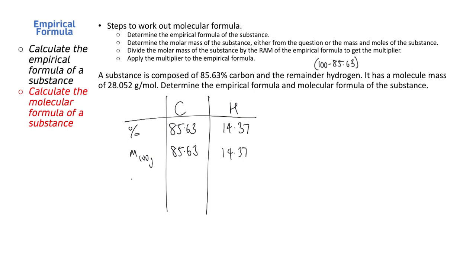Then we can work out the number of moles in 100 grams, which would be 7.13 moles of that and 14.26 moles of that. If you divide by the smallest, which will be the 7.13, you'll just get one value here and a 2 value here.